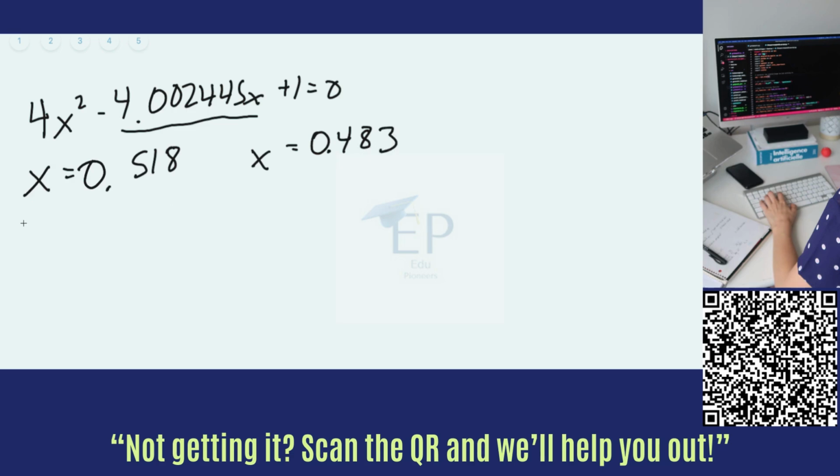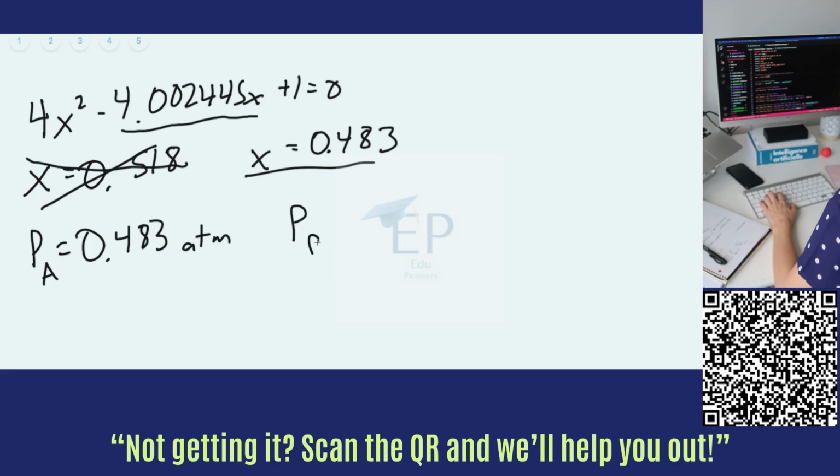0.483. And now the reason we know it's not this one is because if we plug this into our value for partial pressure of B, 1 minus 2x, that will give a negative value for the partial pressure. And we know that the partial pressure can't be negative, so we know that this has to be our proper x. So now for part B, the partial pressure of A is equal to our x, 0.483 atmosphere.